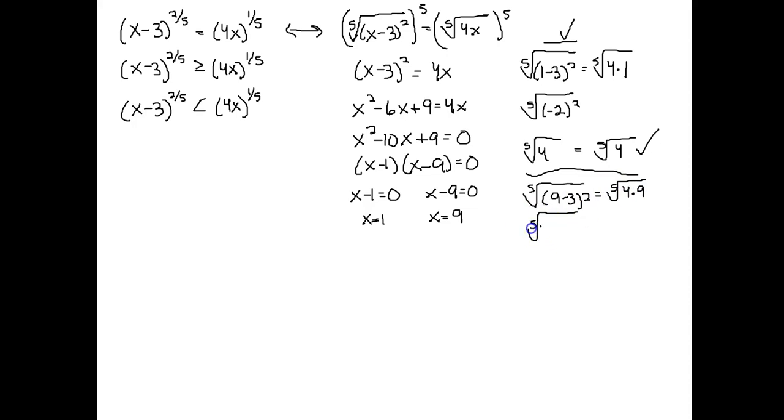So you got 5th root of 6 squared, or 5th root of 36. Don't really care what 5th root of 36 is, because I know both sides come out to 5th root of 36, and that's enough for me. I don't need any more than that. All right, I get x equals 1, x equals 9. So for the equals part, solution set includes 1 and 9.